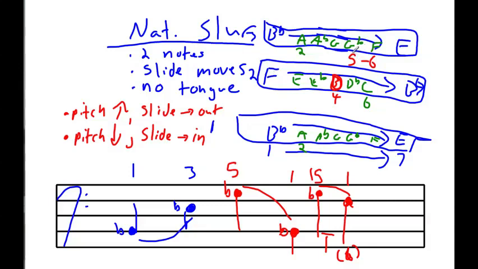So if the test says use all the primary positions, that means you're going to use the F in first. But there may be a bonus question or whatever that says it's possible to tongue or use a different slur if you use an alternate position, and you might write the alternate position 6 there, which means that you can tongue it.